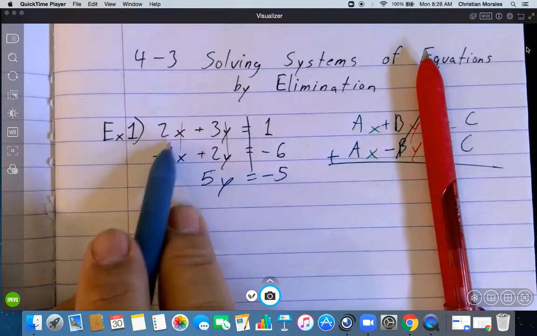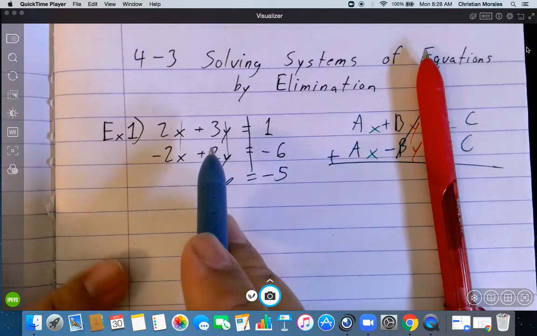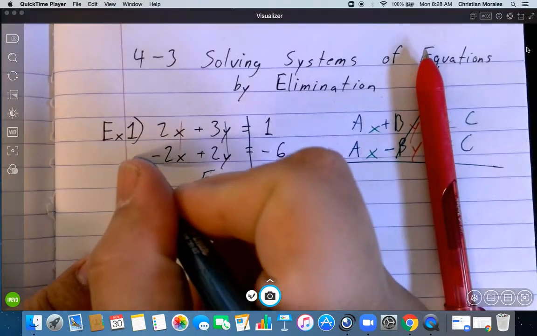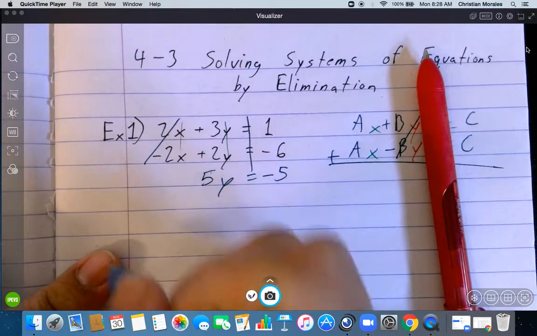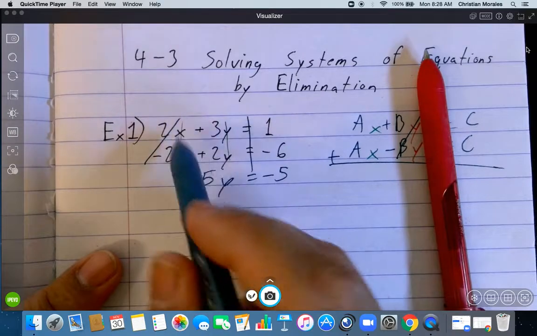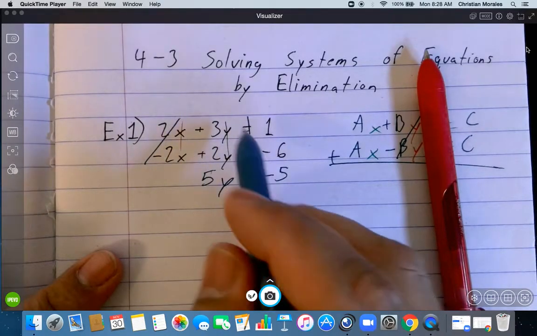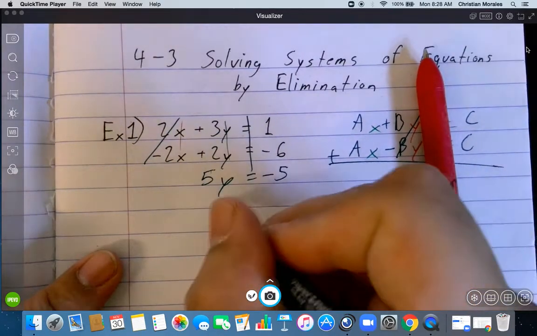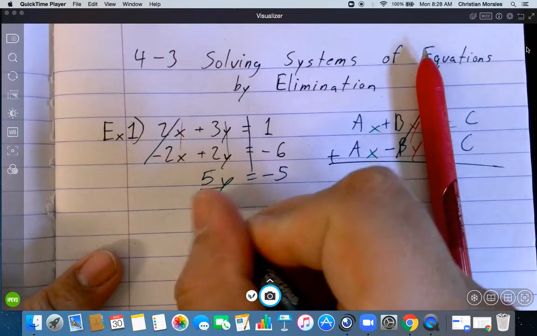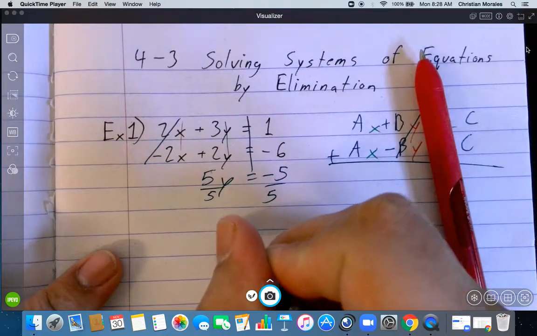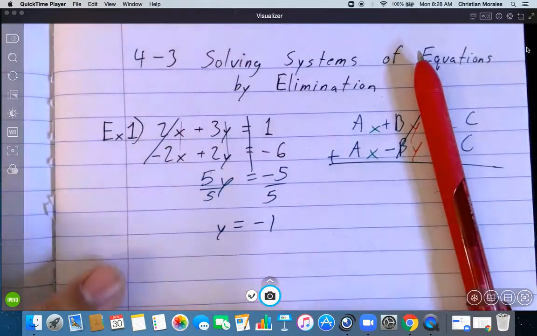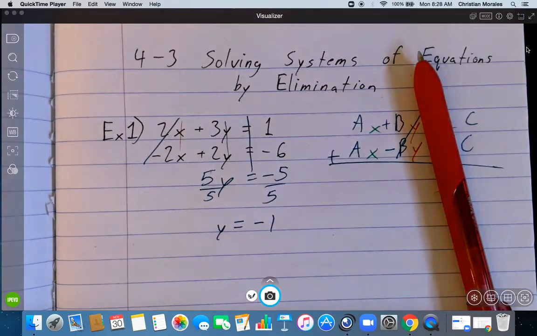And right here, 2x plus -2x, well, if you add it up, this will cancel out. So there's no x's to solve anymore because they're gone. Now you just have this. Divide by 5, y equals -1.